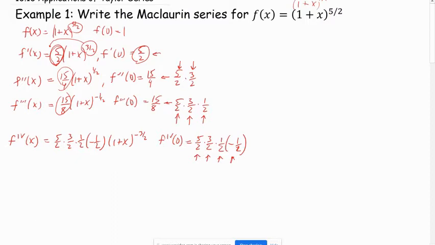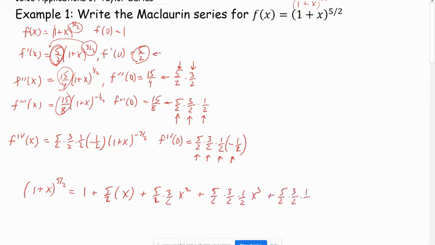Now we have enough to write out the Maclaurin series. 1 plus x to the 5 halves is equal to f of 0, which is 1, plus 5 halves times x, plus 5 halves times 3 halves x squared, plus 5 halves times 3 halves times 1/2 x cubed, plus 5 halves times 3 halves times 1/2 times negative 1/2 x to the 4th, and so on, going on forever.